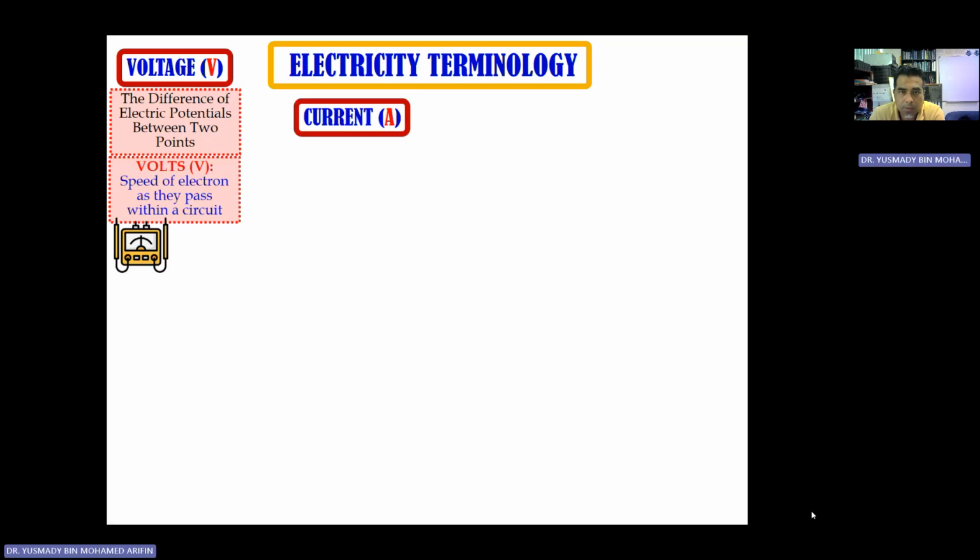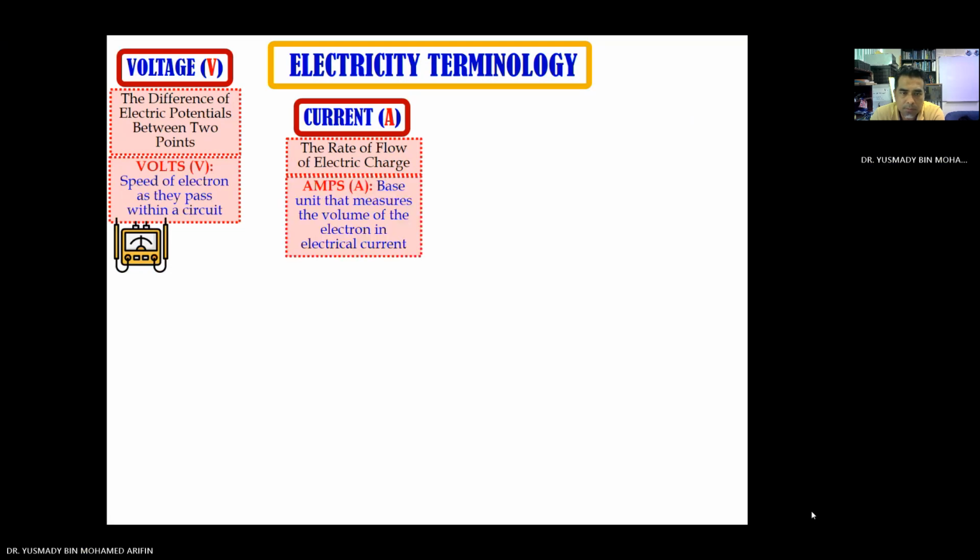And the second terminology is current, represented by the symbol A. The definition of current is the rate of flow of electric charge. The unit used for current is ampere, the base unit that measures the volume of electrons in an electrical current.